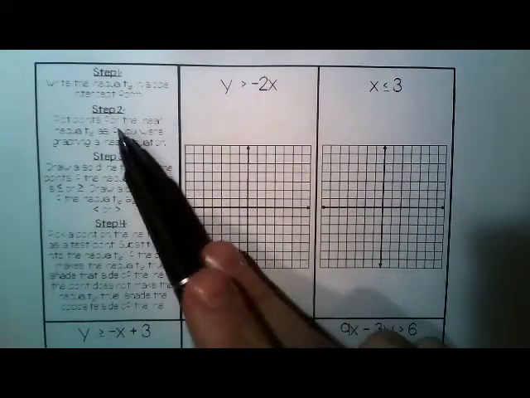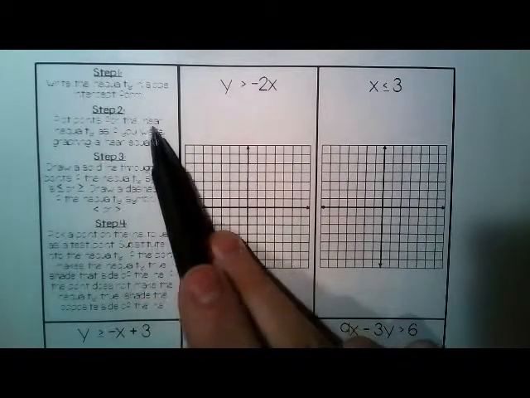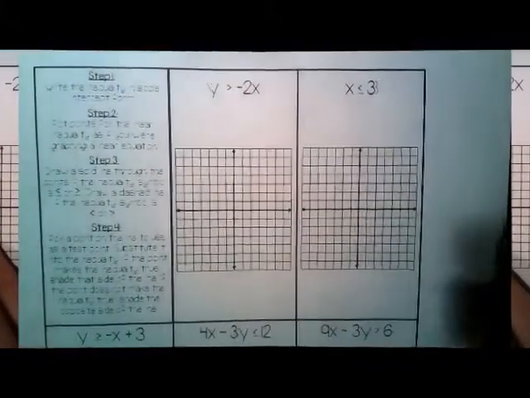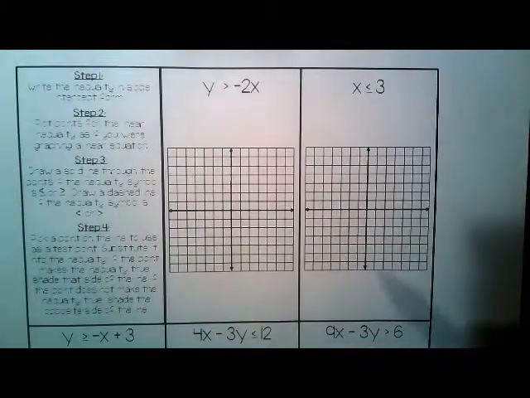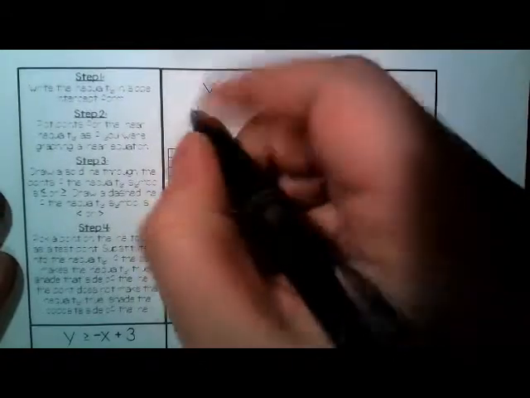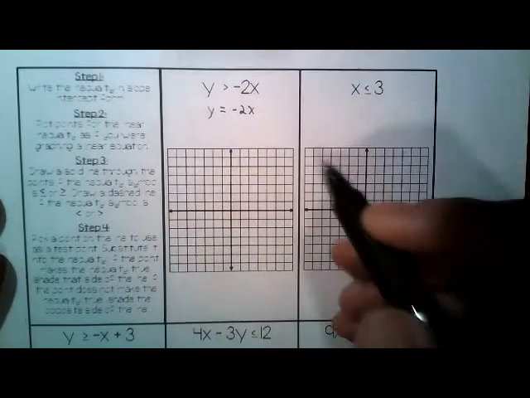Step 2 is to plot points for the linear inequality as if you were graphing a linear equation. So we're going to graph this as if it were y equals negative 2x.